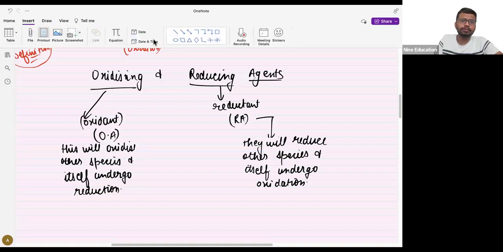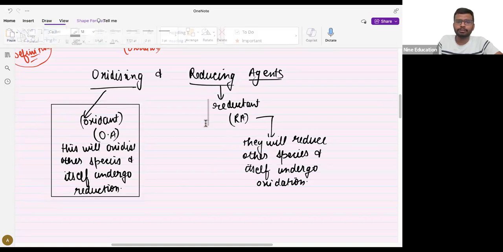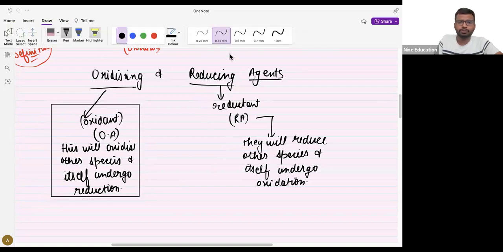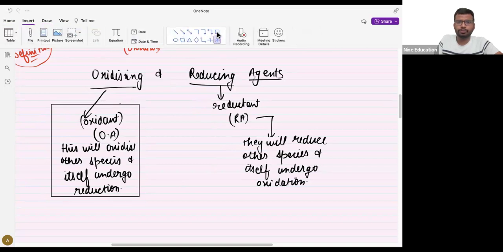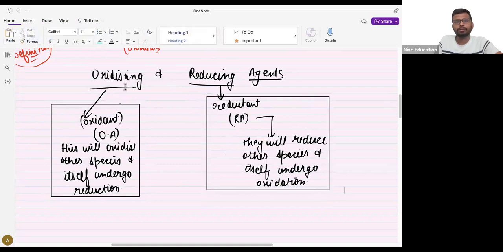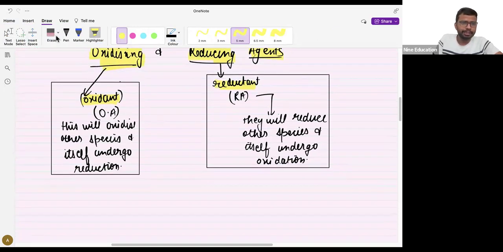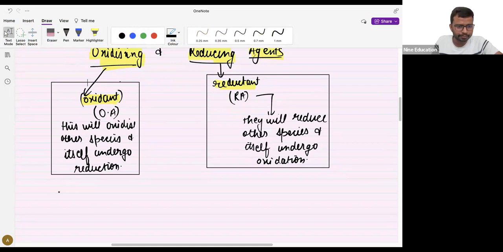So these two things you should always remember for oxidizing and reducing agents. Let's see with an example. This example will teach you everything.